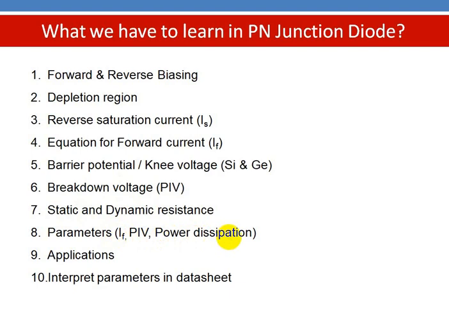Then we should know the applications. Diodes are used in almost all electronic circuits, in rectifier circuits, etc. And we should also learn how to interpret parameters in a datasheet. The datasheet has all the parameters corresponding to a particular device, like forward current, reverse current, reverse breakdown voltage, forward voltage drop.